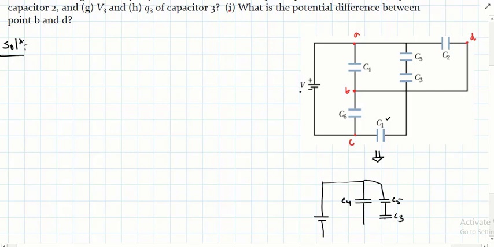They are in series, connected to a point, and I can draw C2, which is also connected to that point. This will be the same.